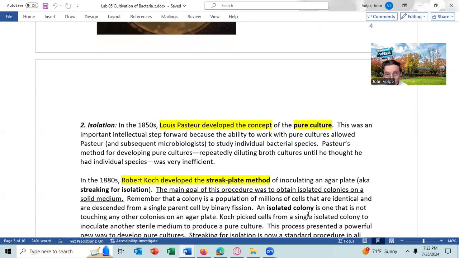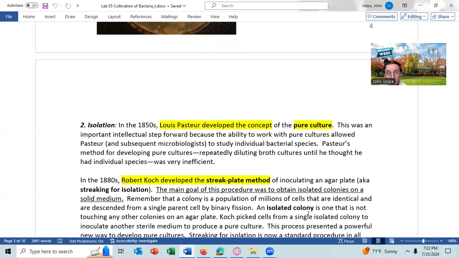You wouldn't know if the species you're trying to study was capable of turning the tube yellow. So we study a pure culture, and then if the tube turns yellow, we know that that pure culture caused the tube to turn yellow.